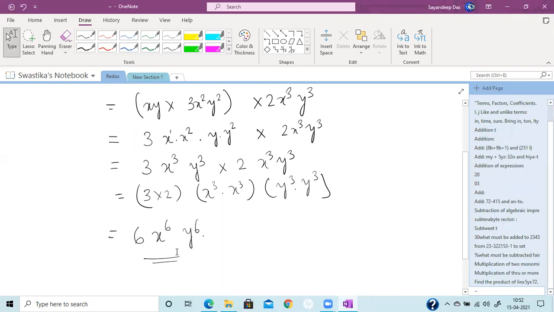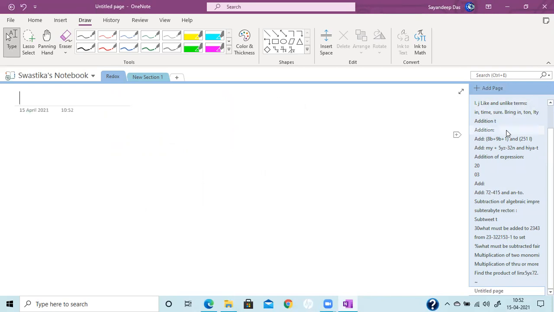And one more example we'll take now. You can also multiply the monomials in this way. Now you are clear, in whichever way you multiply, the answer will remain the same.